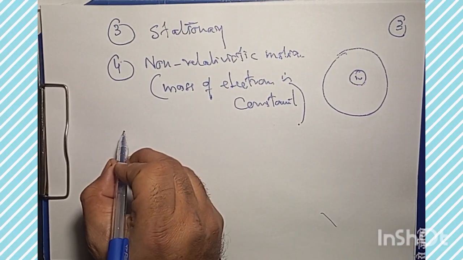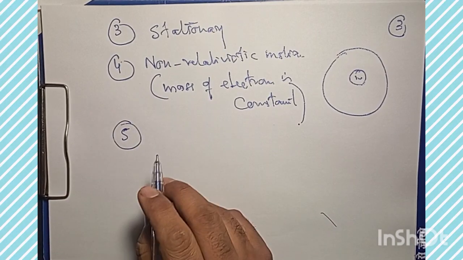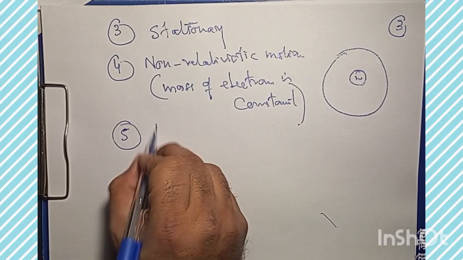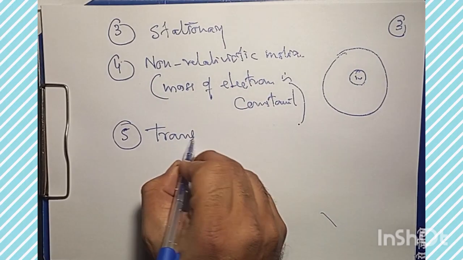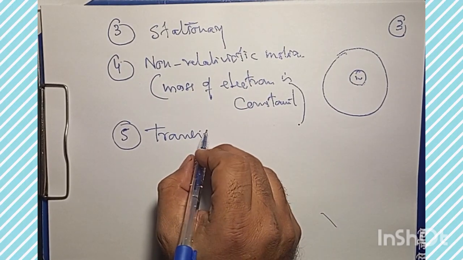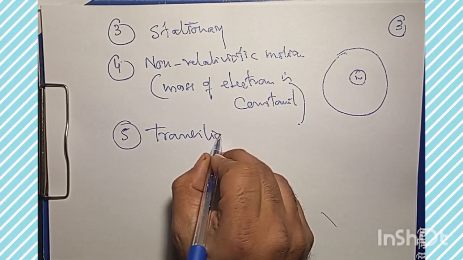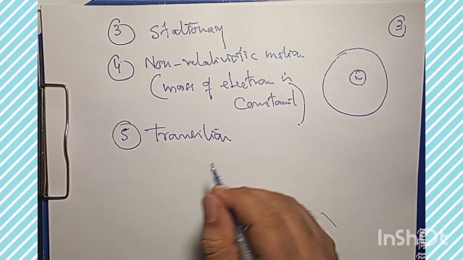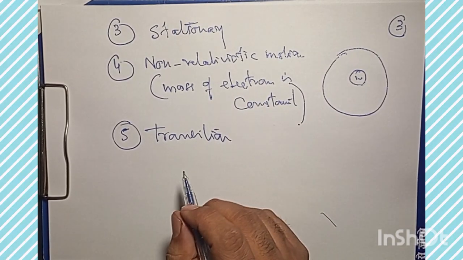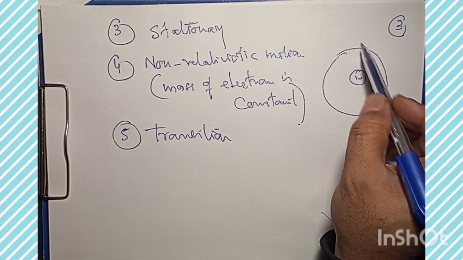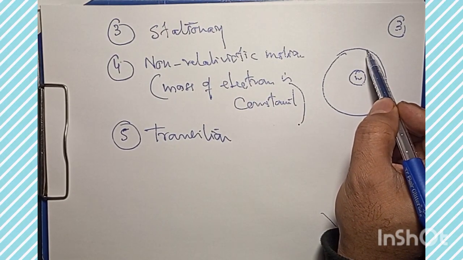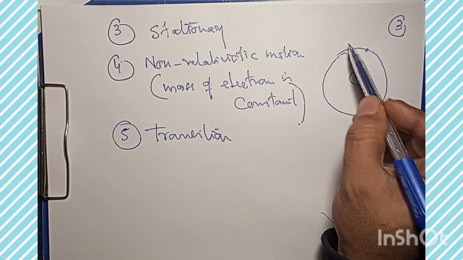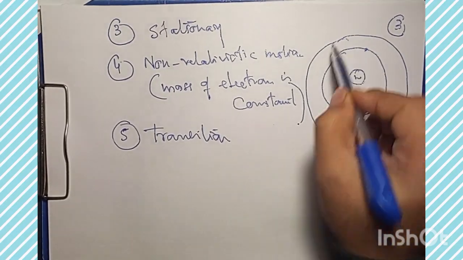Then the next important point is transition. This transition is magical in nature. What this transition means is that the electron can jump from one stationary orbit to another stationary orbit.